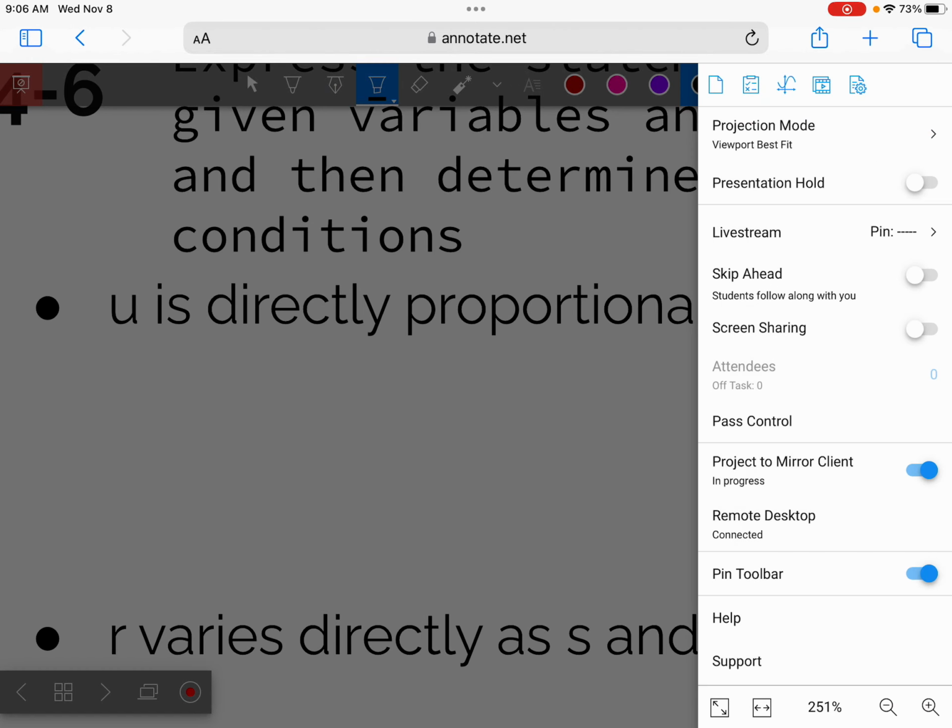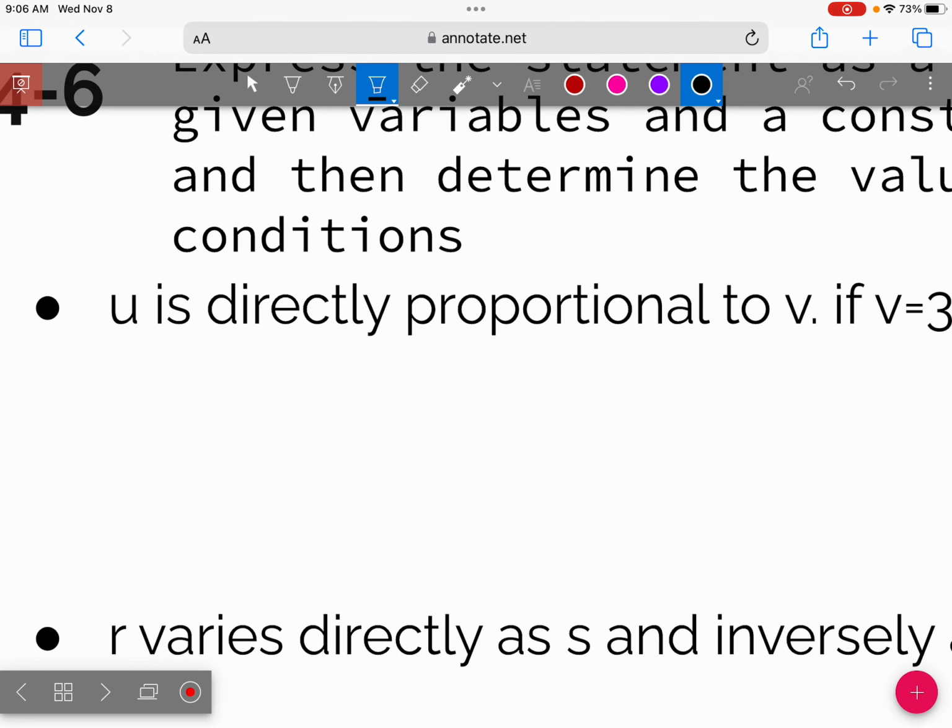Oh, sorry. Let me fix that. There we go. If u is directly proportional, that means u equals k times v. It's directly proportional to v. Right? Uses the thing from the previous page.